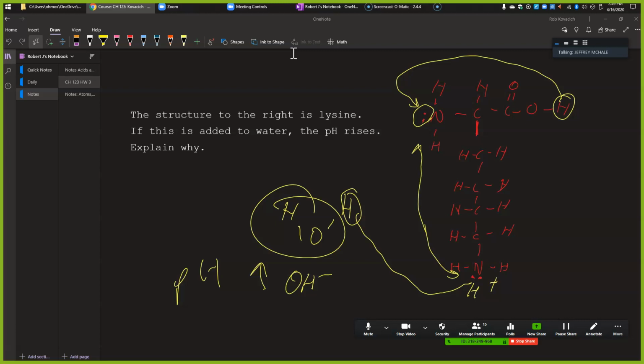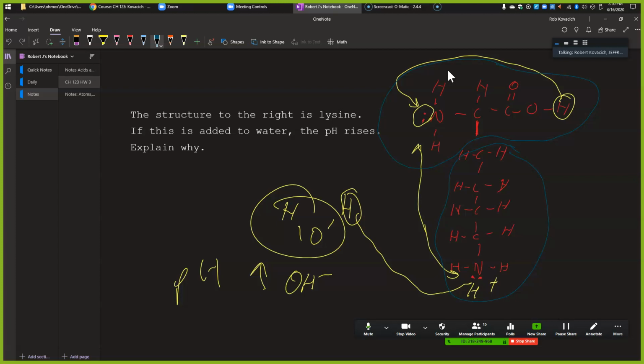Rob, what were you saying about the R group? What does it do? It decides what the functionality is. So all the amino acids have this part here, everything that I'm circling. And then all the amino acids have some other thing here. And this other thing here is what dictates what that amino acid is going to be.